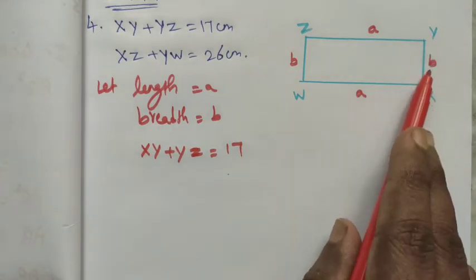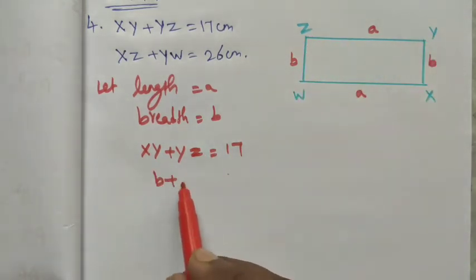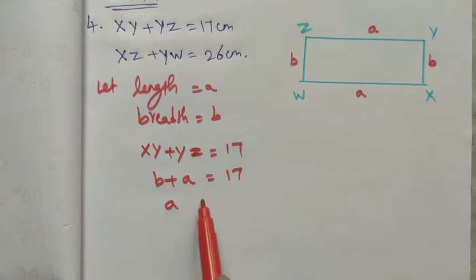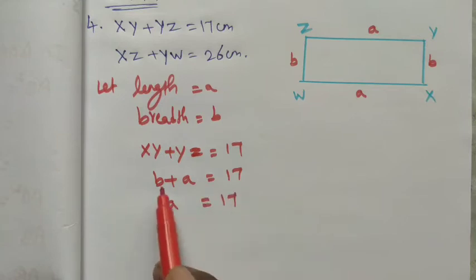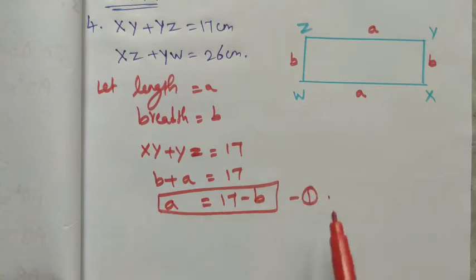XY is equal to B, YZ is equal to A. B plus A is equal to 17, that is A plus B is equal to 17. So A is equal to 17 minus B, as equation number 1.